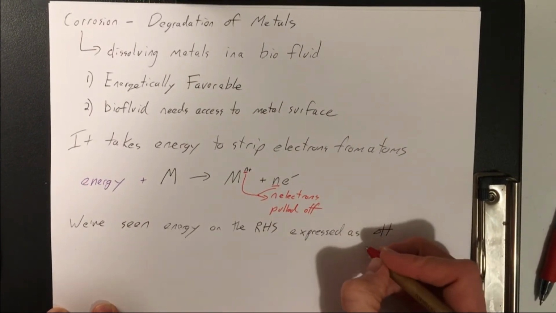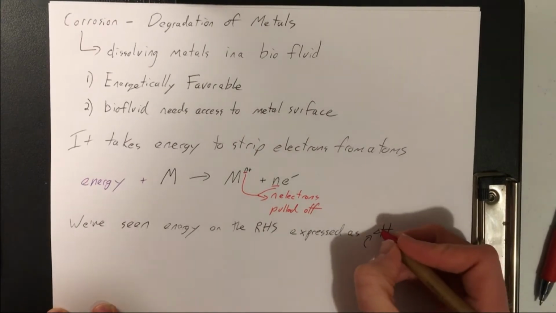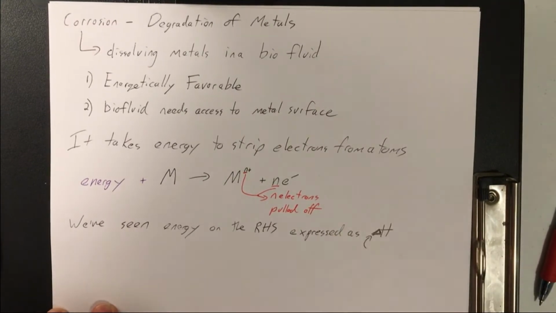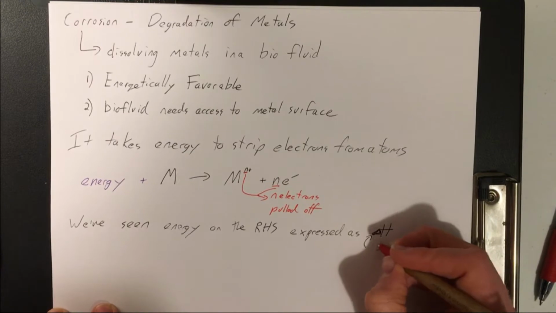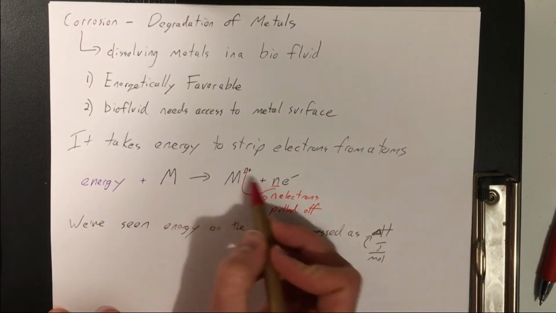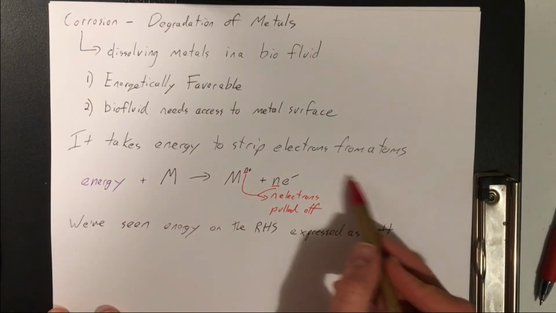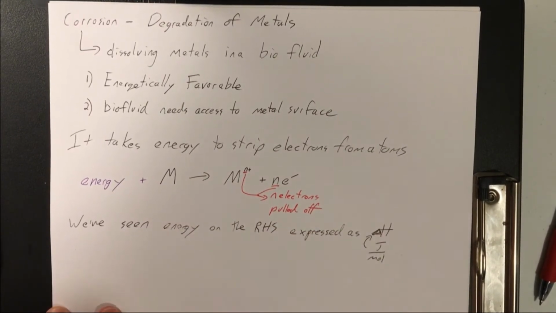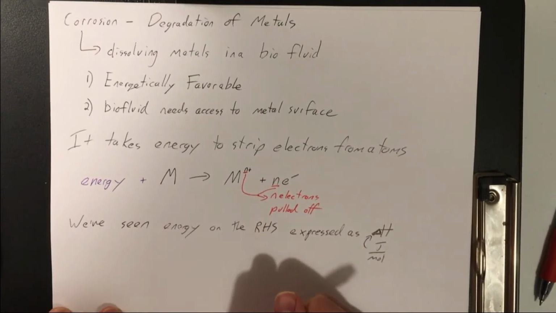And oftentimes the units of this delta H, this change in enthalpy, would be something like joules per mole. So however many moles of reaction have happened, then there would be a change in enthalpy of our system associated with that, given by delta H.